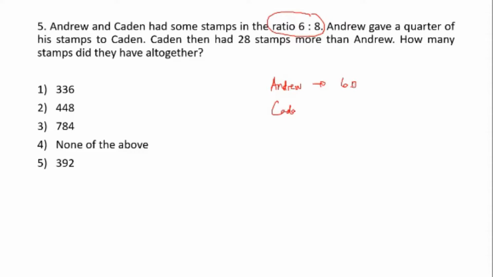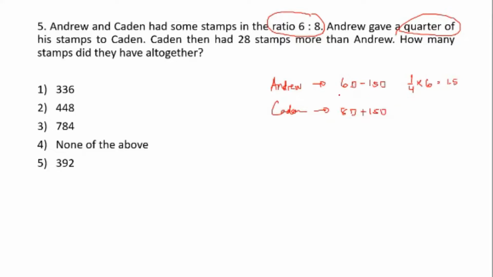And then Kieran had 8 units. What happened is Andrew gave a quarter of his stamps to Kieran. A quarter means 1 out of 4 of Andrew's stamps, so 1 out of 4 times 6, that's equal to 1.5 units. So this one minus 1.5 units, this one plus 1.5 units.